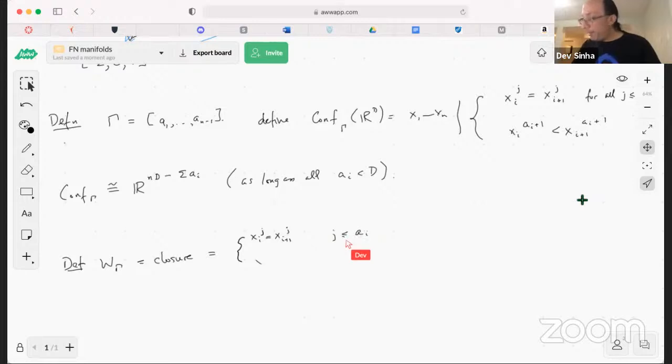But now the (a_i+1)th coordinate of x_i is less than or equal to the (a_i+1) coordinate of x_(i+1). And notice that this no longer imposes the dictionary order.